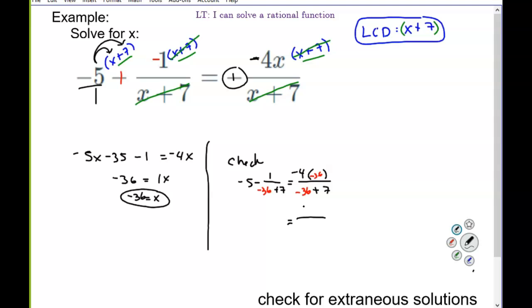And if we get something like 144 over negative 29, and then I would just do this in my calculator, turn that back into a fraction, and you end up getting the same. So, be careful with negatives.